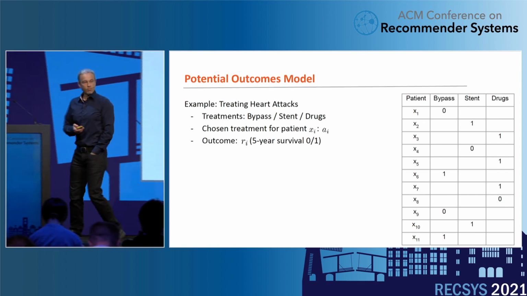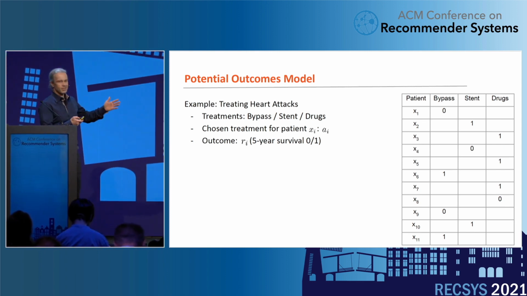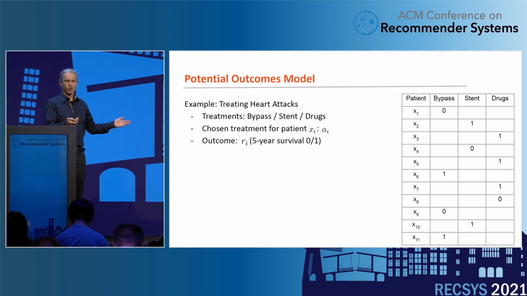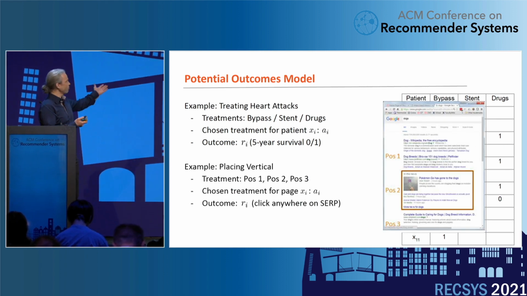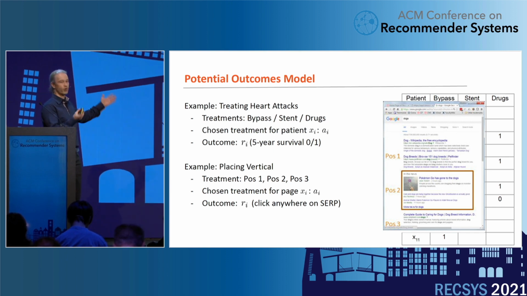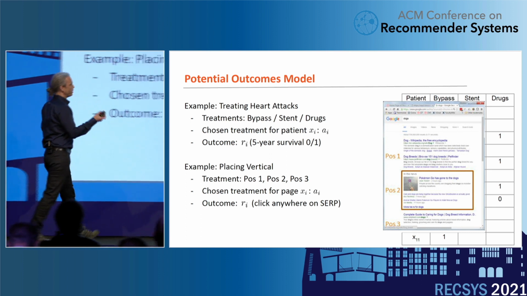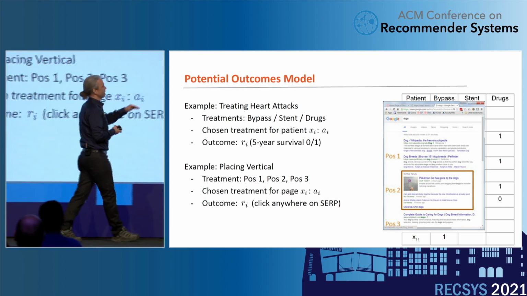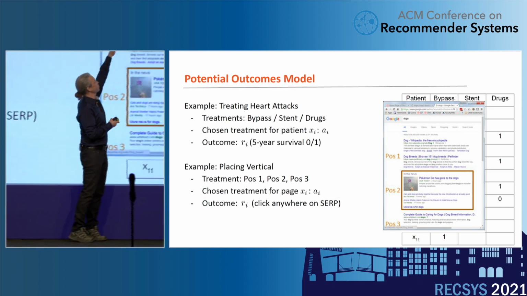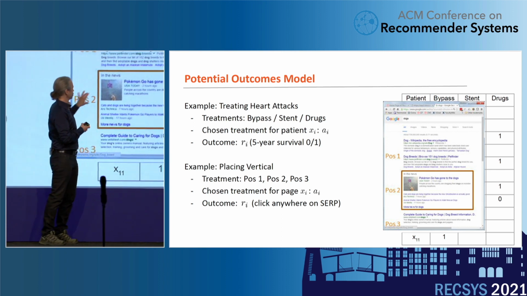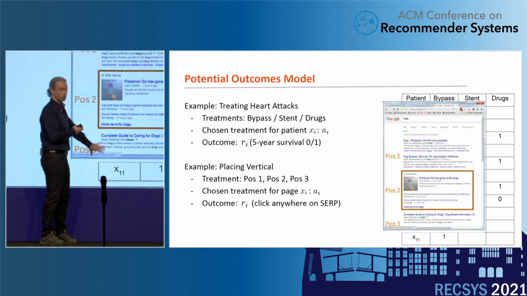But of course, you see that this is very much the same as the problems that we have. So for example, if we have the problem of placing a vertical on the SERP here, then maybe we have three different actions that we can take. We can either put it in position 1, between these two results, position 2, between these two, or position 3 down here.